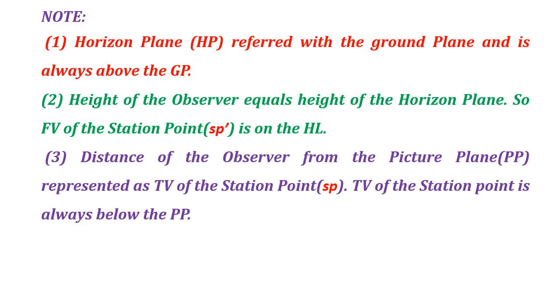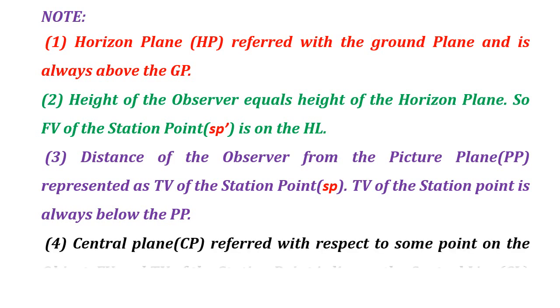The distance of the observer from the picture plane is represented as the top view of the station point. The top view of the station point is always below the picture plane. So always the observer is in front of PP, so it will be below the PP line.